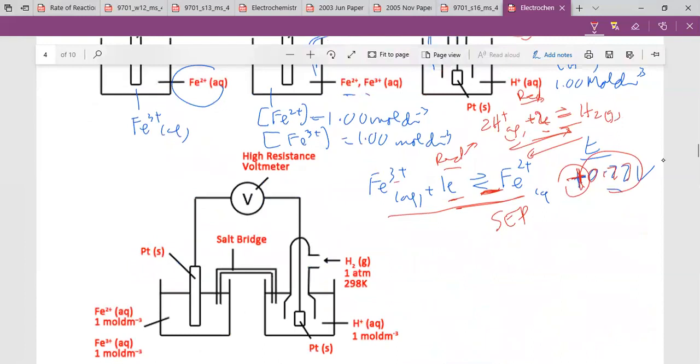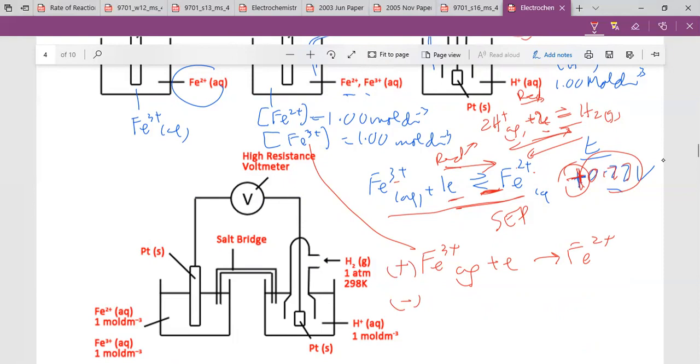Fe3+ must become Fe2+. Because it's positive, it means this direction is correct. Fe3+ is accepting an electron to become Fe2+. Positive means that it can occur. So this is the positive pole, and this is the negative pole.